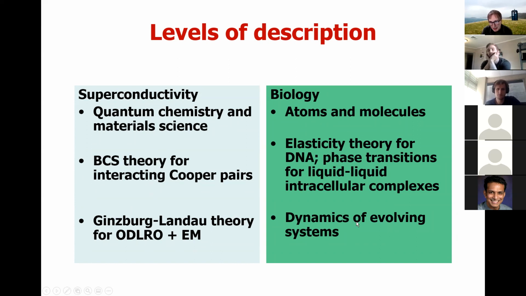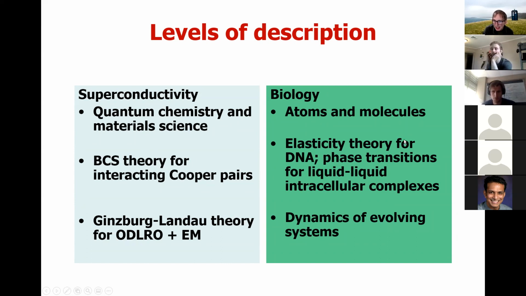Let's think about the levels of description in biology. At the lowest level, you might have atoms and molecules. That's like this level of description for a superconductor. Then there's a kind of functional level description. Here we talk about superconductors, the Bardeen-Cooper-Schrieffer theory for interacting Cooper pairs, a theory developed here at the University of Illinois. In a biological system, we're now at a much higher level of description.